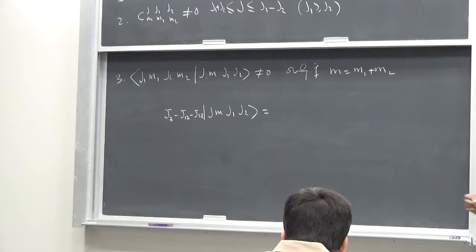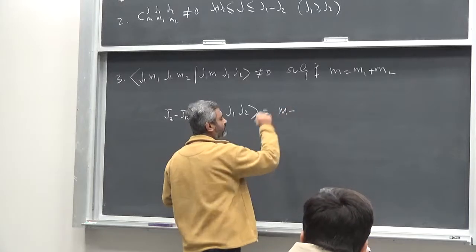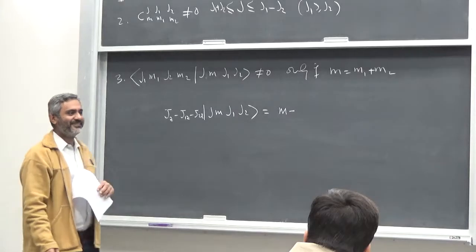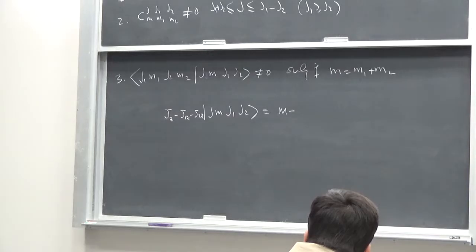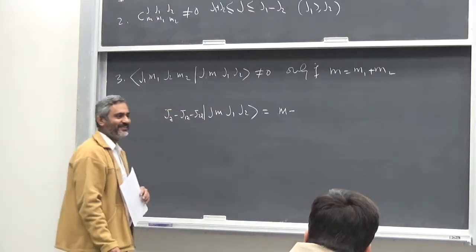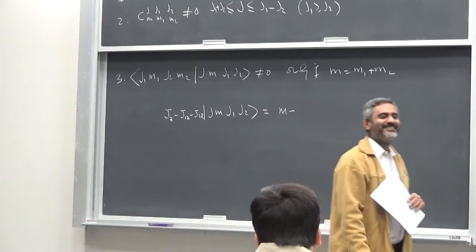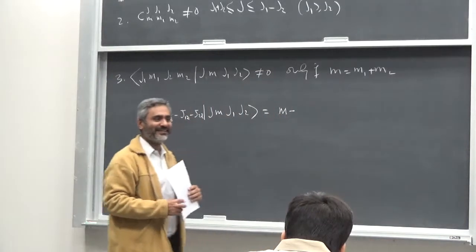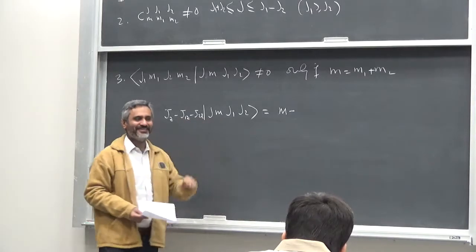Jz gives M, minus J1z, gives M1, minus M2. Exactly. Excellent. Well done for pointing this out, that these are not eigenstates of J1z and J2z.